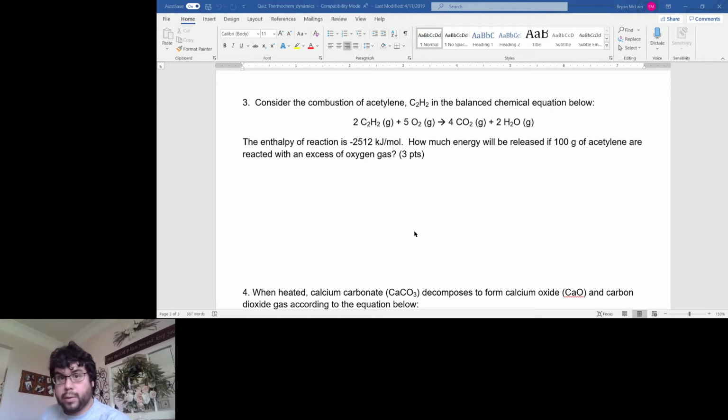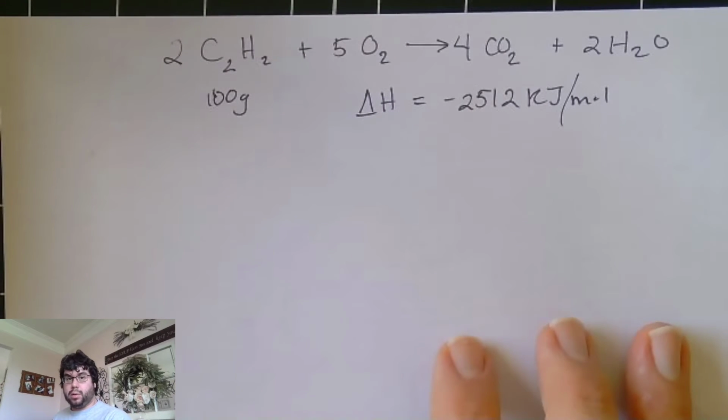We have 100 grams of acetylene, and the enthalpy of the reaction is negative 2512 kilojoules per mole.